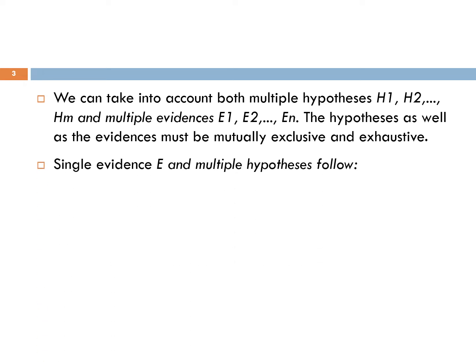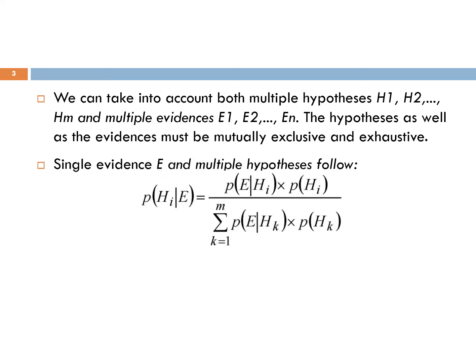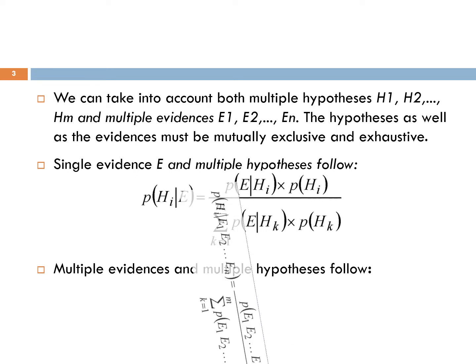Single evidence and multiple hypotheses we can see as below. Okay, this is the expression. We have a single evidence where we can have a number of hypotheses, so we can calculate. And then we have multiple evidence and multiple hypotheses.